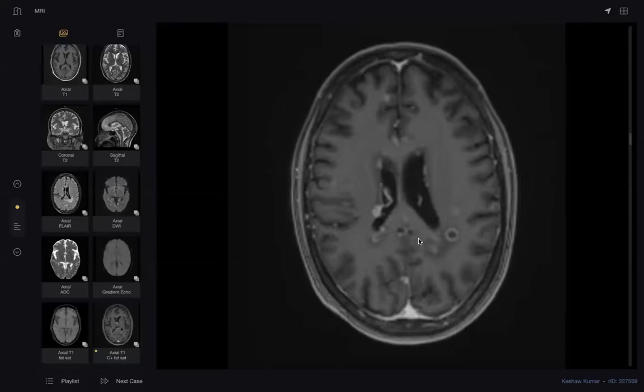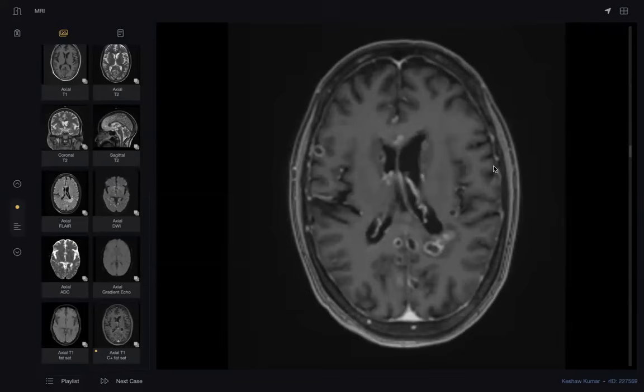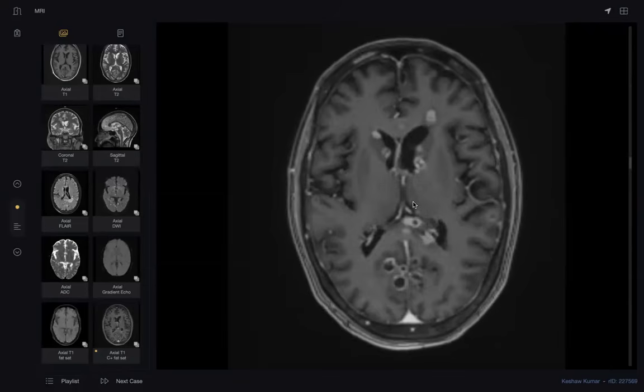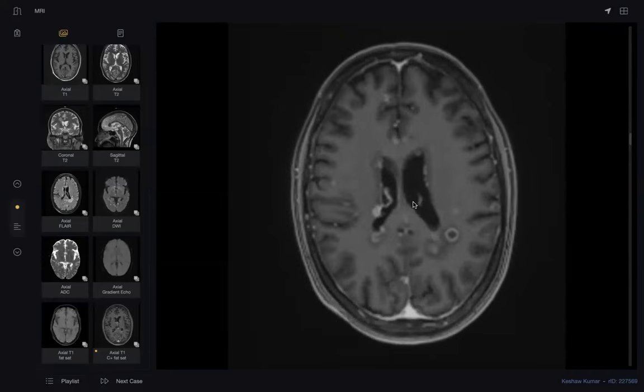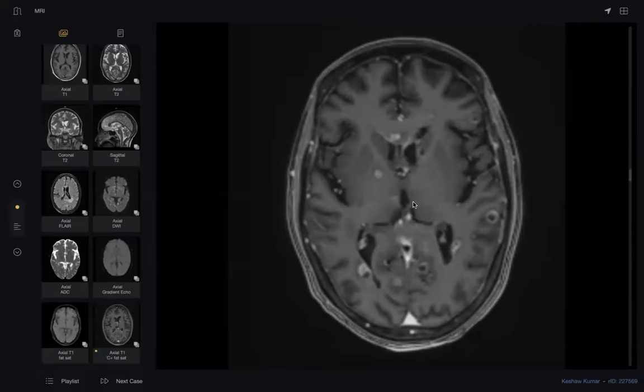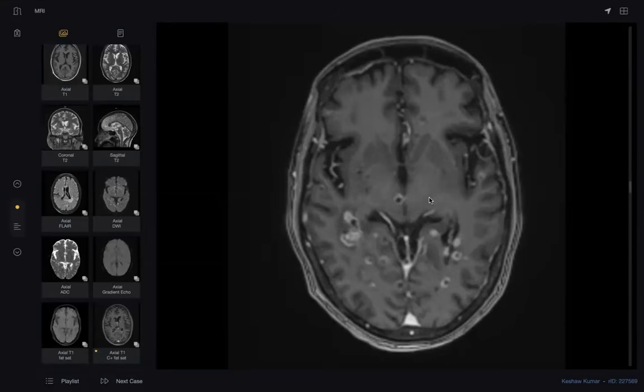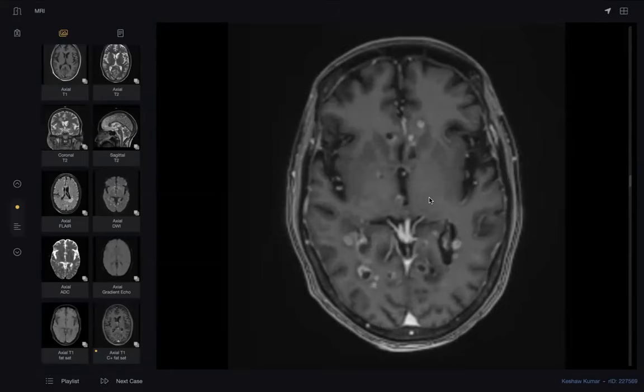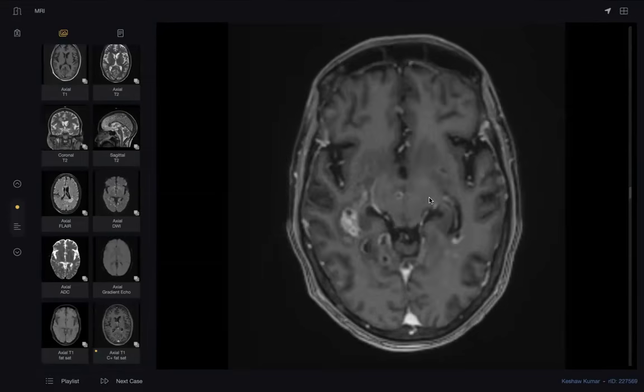Number one, it may be lymphoma, but lymphoma is almost periventricular and subependymal, so exclude lymphoma. Number two, toxoplasmosis, mainly basal ganglia. So we exclude two differentials. So you have either TB, tuberculous abscess, tuberculomas, or cryptococcosis.